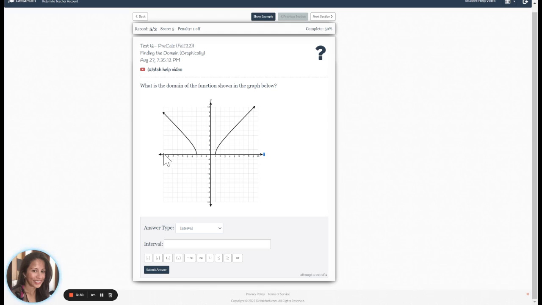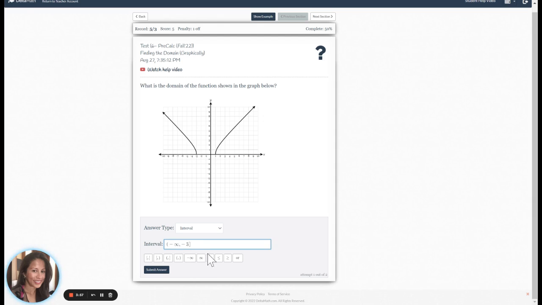And we're going to use all the numbers that are way, way, way negative. And we're going to come all the way this direction. And we're going to keep using all those x's until we reach -3. There's a full stop here at -3, so that -3 is included. So I am going to use the parentheses and then the brackets. I'm going to have a -infinity, and I'm going to go all the way to -3.